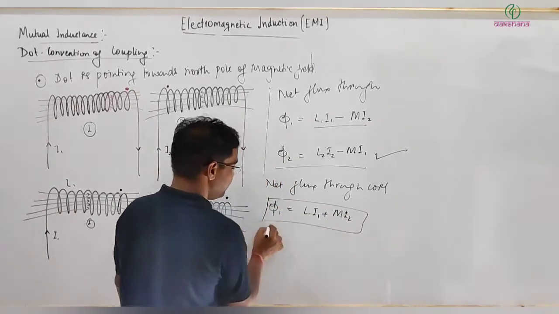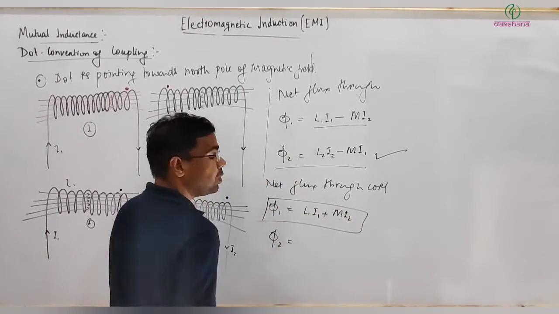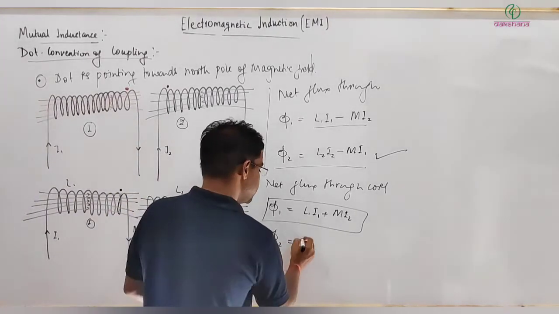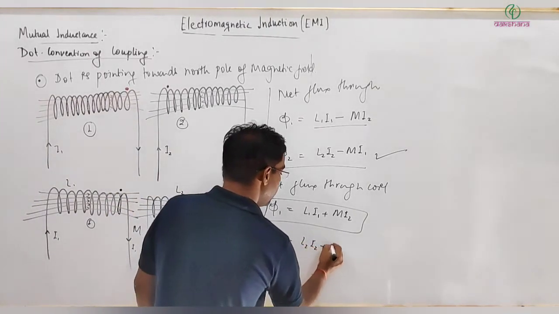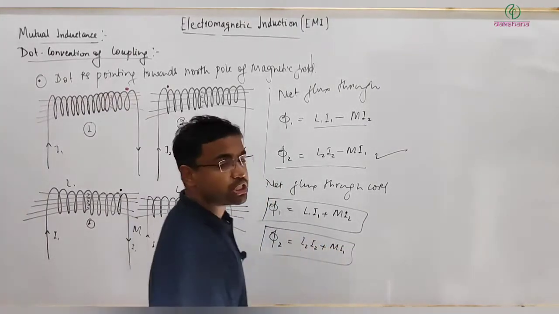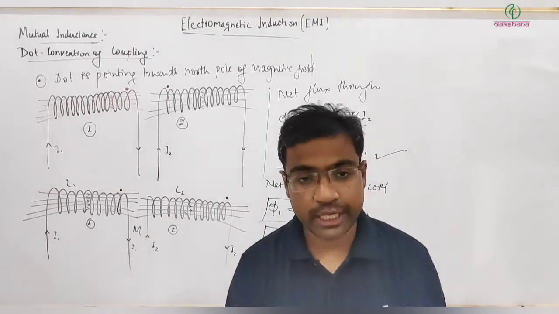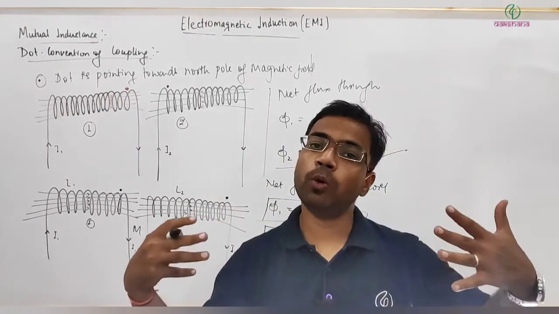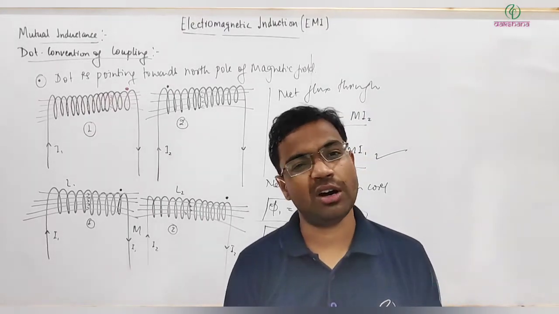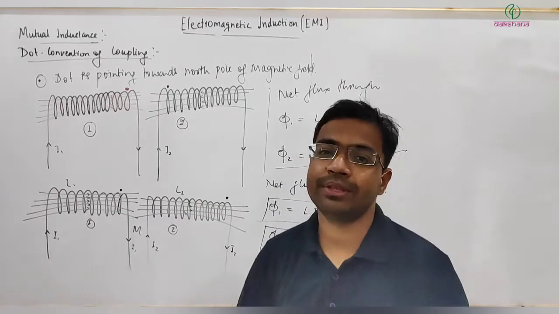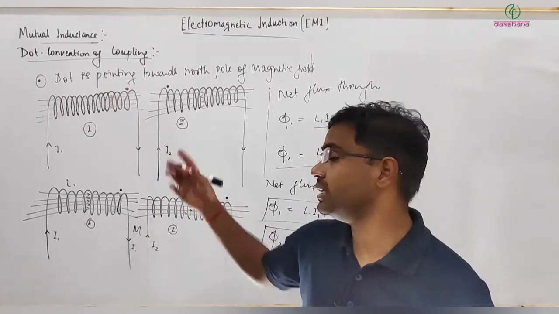And in exactly the same manner I can write the net flux through coil 2 as L2 I2 plus M I1. So this dot convention simply removes our confusion about whether both fluxes should be added or subtracted. That is clear once we have this dot marked on the coil.